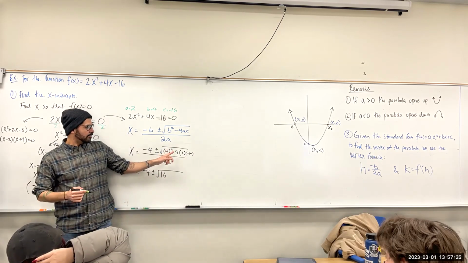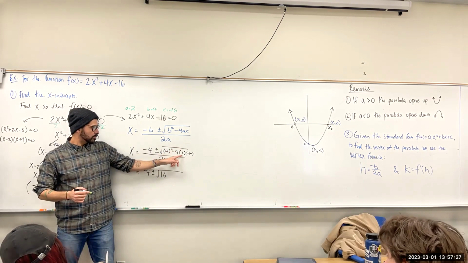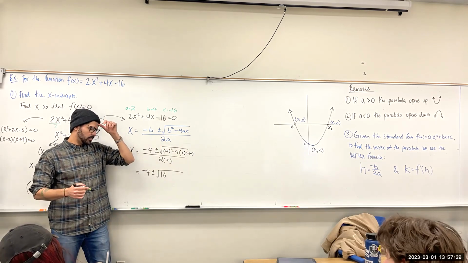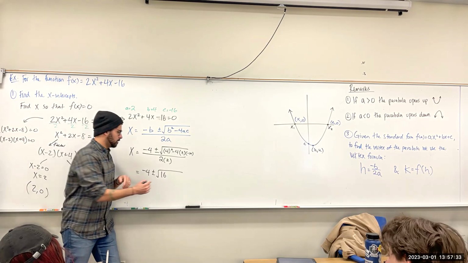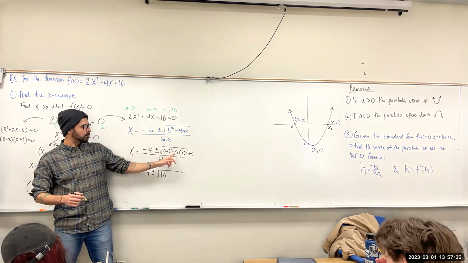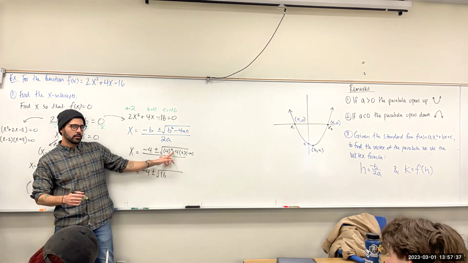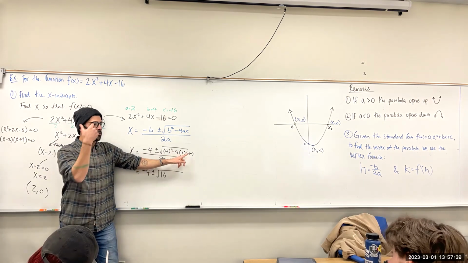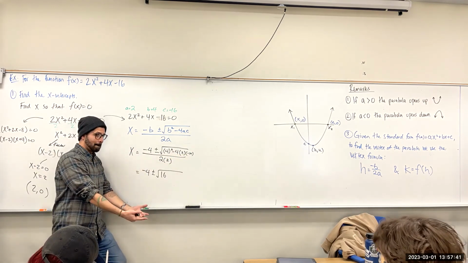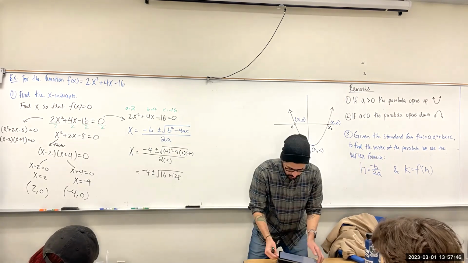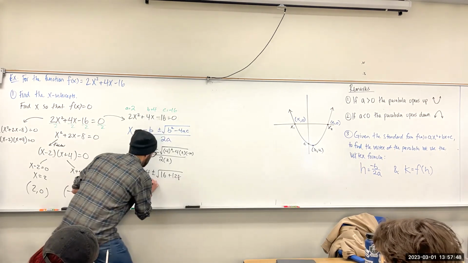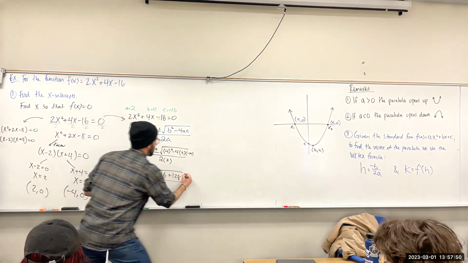And then what's -4 times 2 times -16? 128? Okay, but you see how I'm multiplying it, I'm including the negative? So it's negative times a positive times a negative, which will be a positive 128. Okay, over 4, bring it over here.